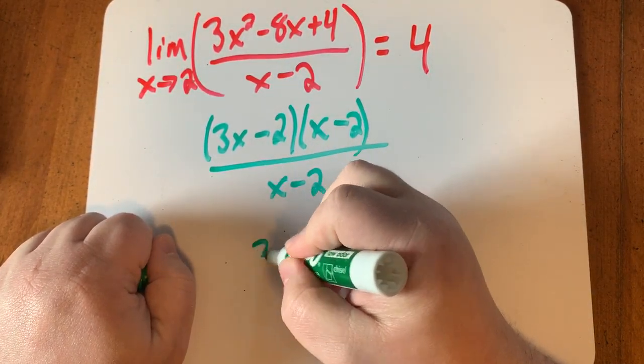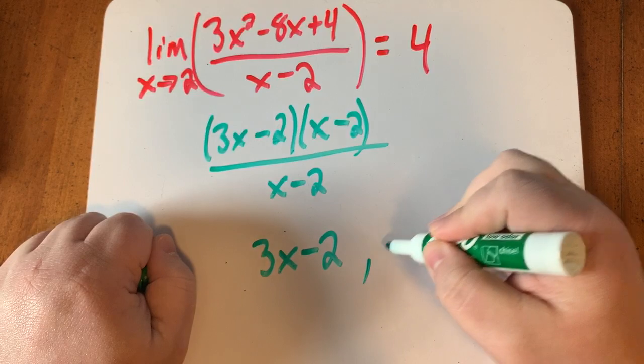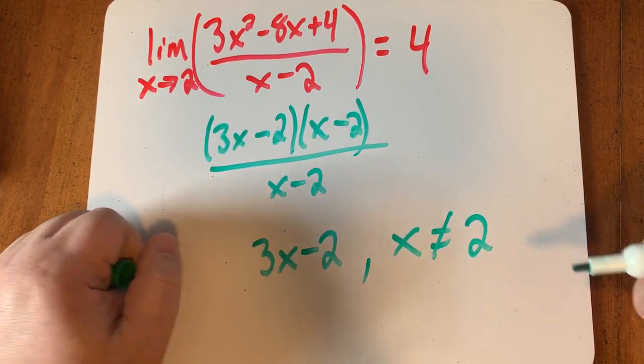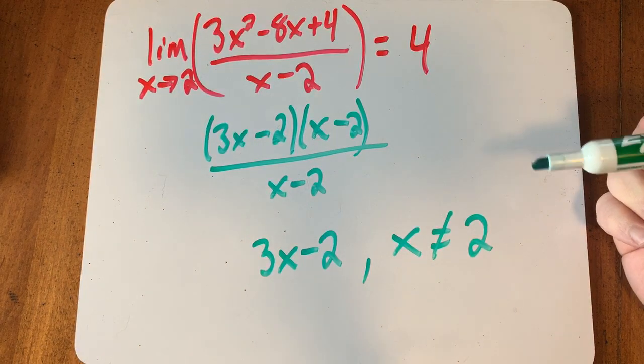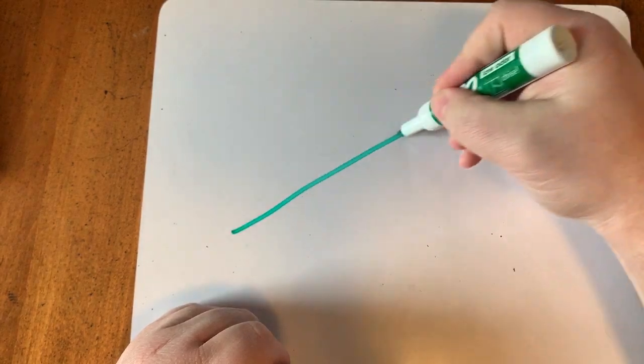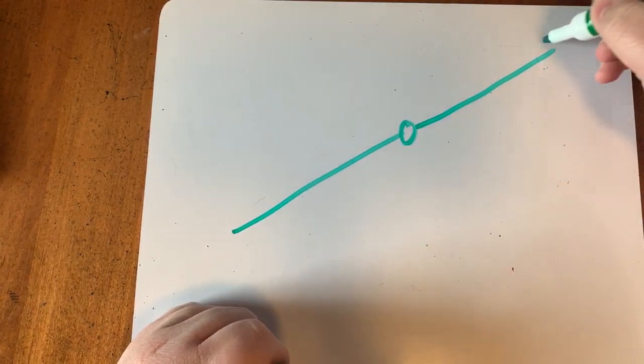So the function is 3x minus 2, but x can't equal 2. So the graph would be the same as the last one, but it has a hole at 2. So the graph would be a line with a hole here.